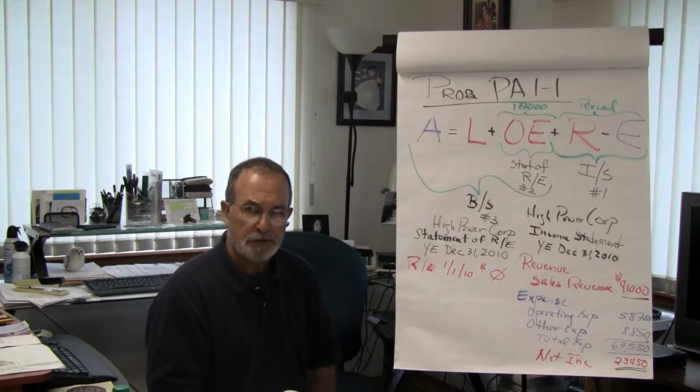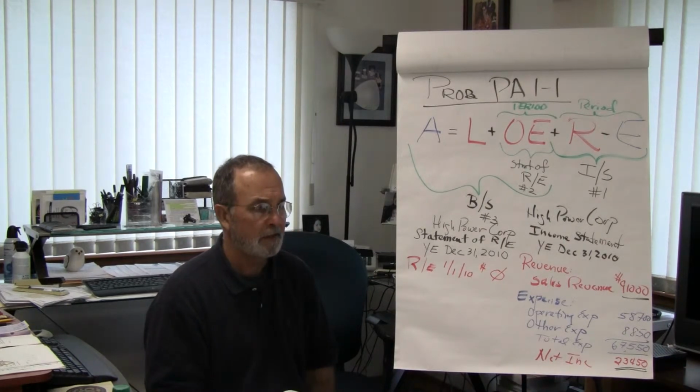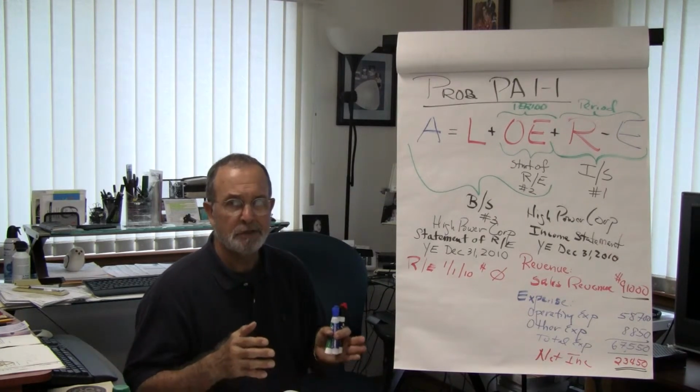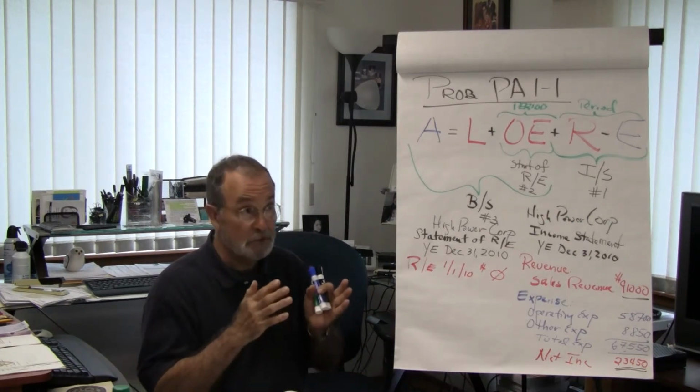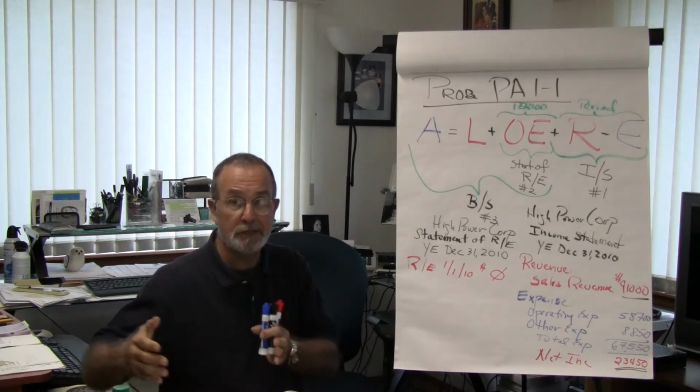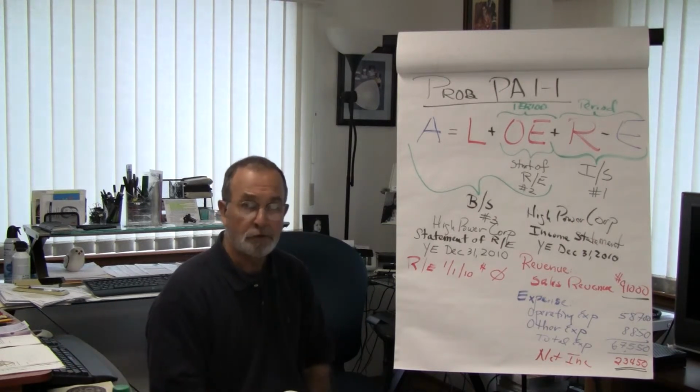So in a corporation, these amounts are called dividends. Dividends are payouts of accumulated earnings to owners at specific times during the year for a corporation. It gets a little bit more complicated when you're a corporation.